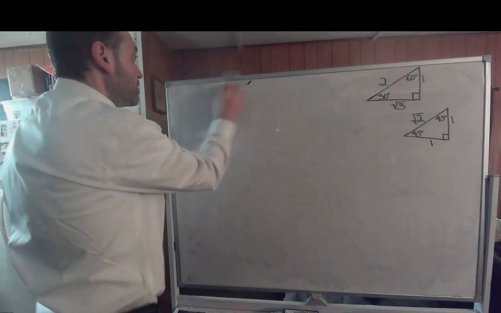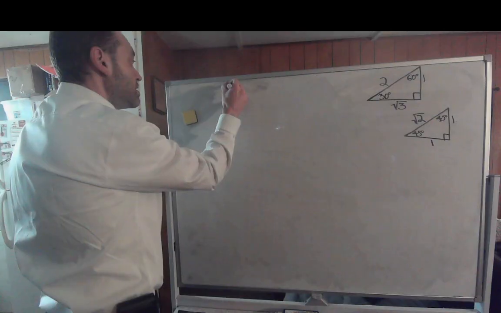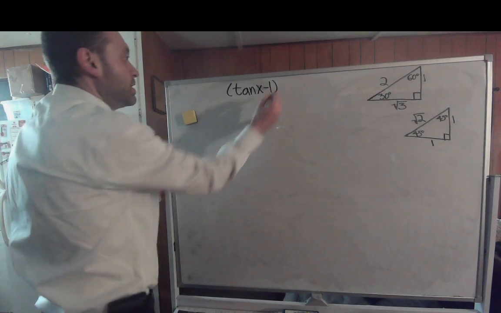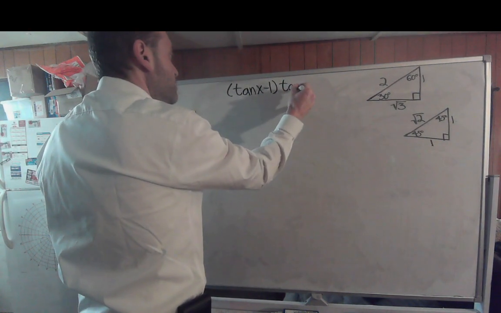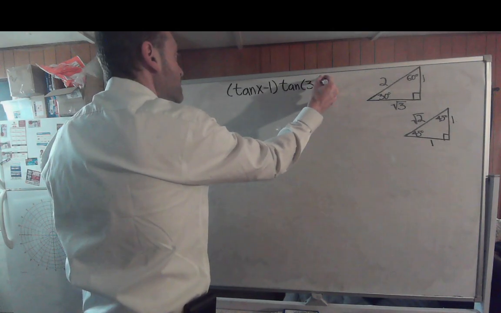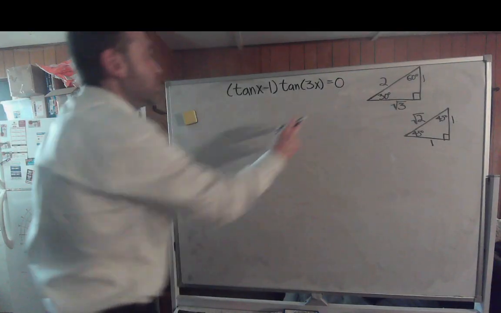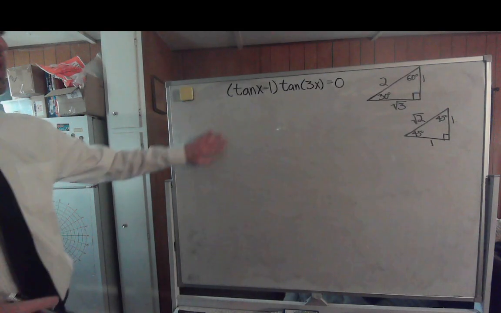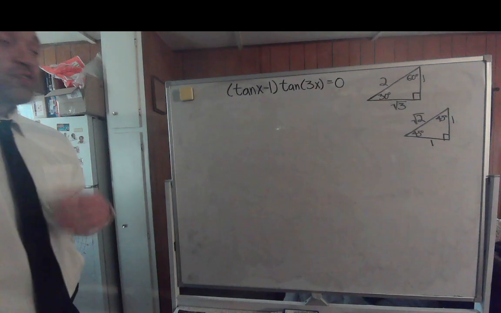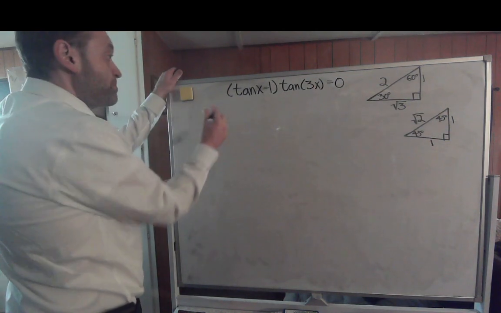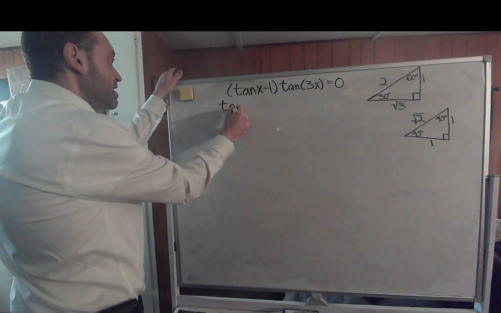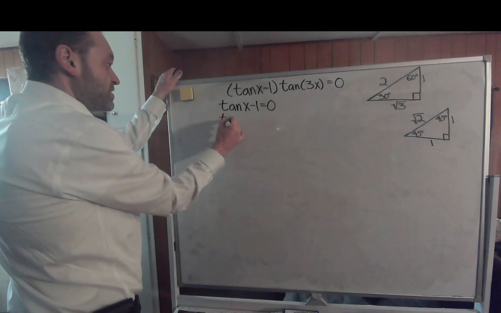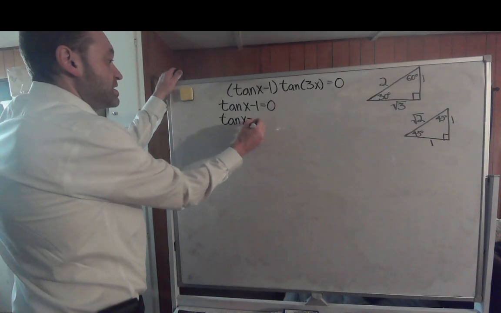You'll have the tangent of x minus 1 times the tangent of 3x is equal to 0. So now you have two factors. So again, you're going to take each factor, set it equal to 0. So take that tangent of x minus 1, set that equal to 0, you would get that the tangent of x is equal to 1.